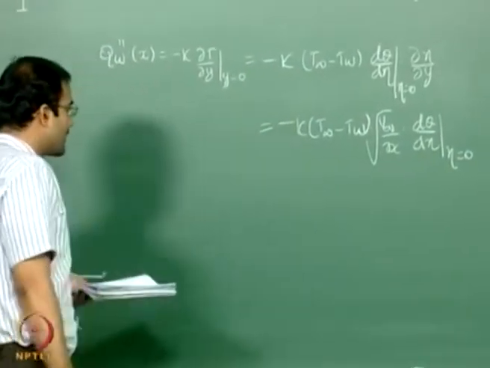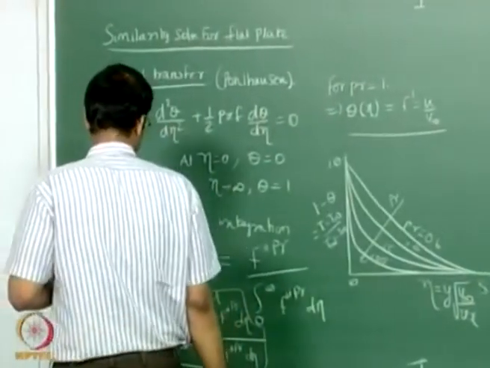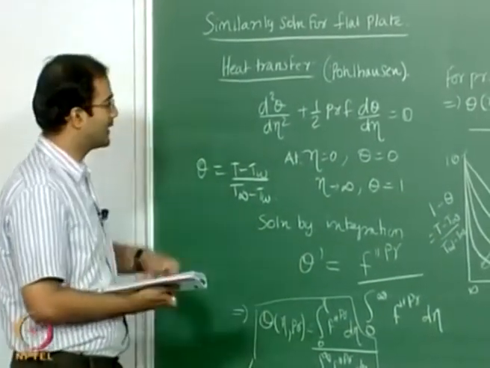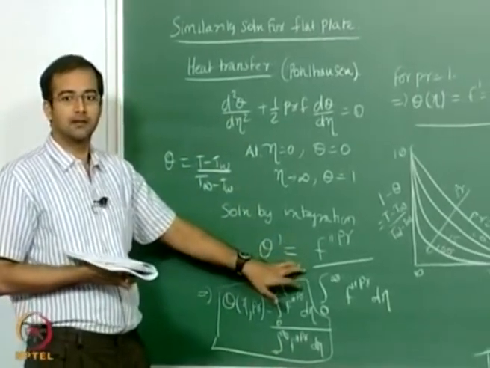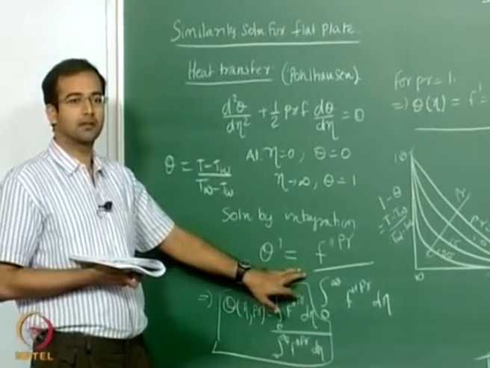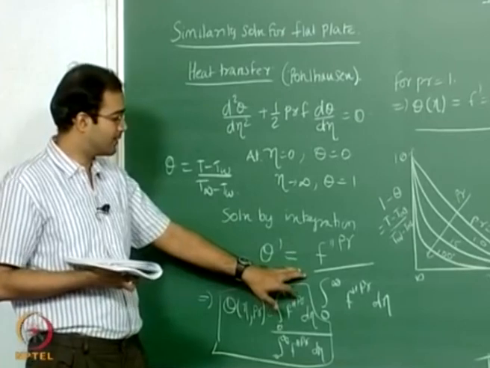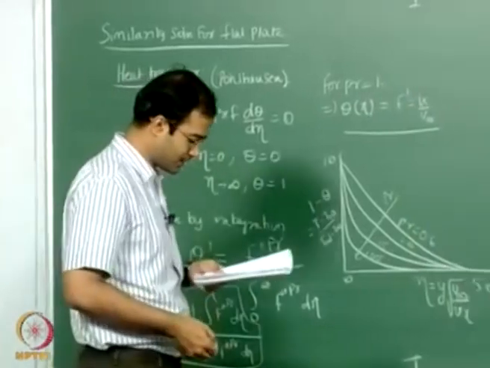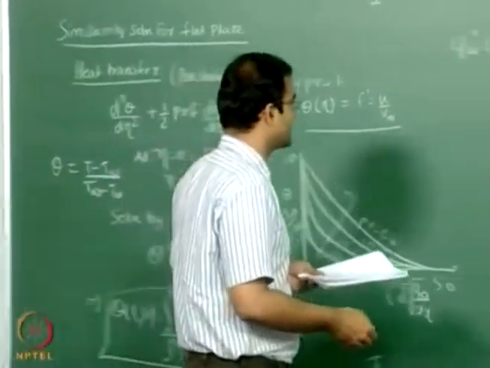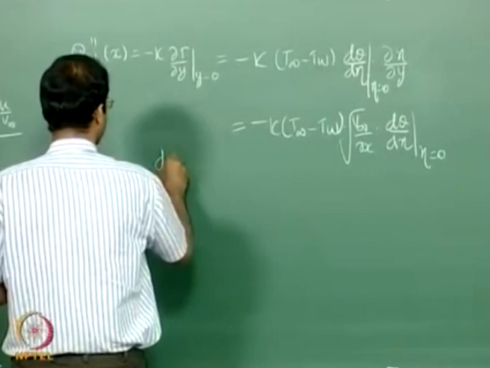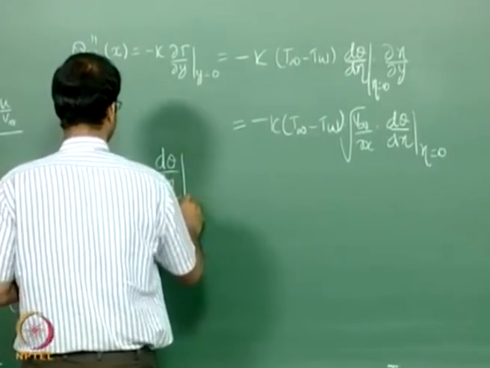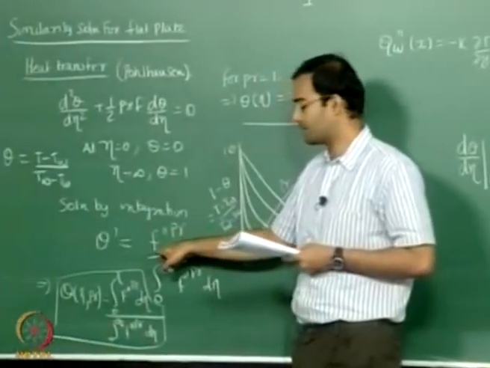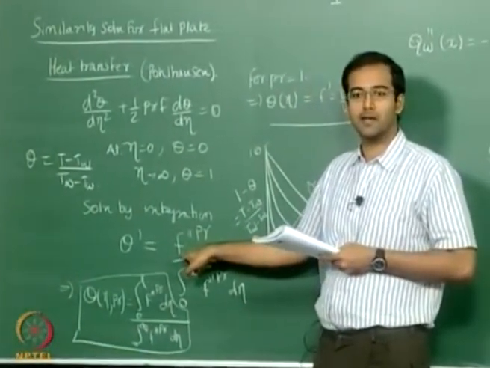Now d theta by d eta at eta equal to 0. So this is my d theta by d eta. If you integrate this once, you end up with this solution for the slope d theta by d eta. Okay, so you want to evaluate this at eta equal to 0. So we will say that my d theta by d eta at eta equal to 0 should be the value of this f double prime, at eta equal to 0.